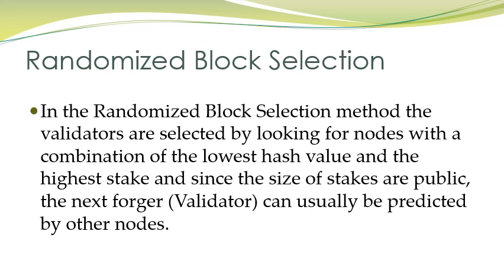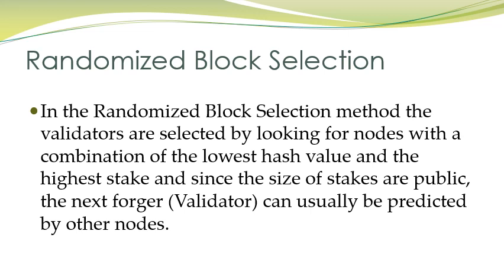In randomized block selection, validators are selected by looking for nodes with a combination of lowest hash value and highest stake. The node will be selected based on the combination of the lowest hash value and highest stake.